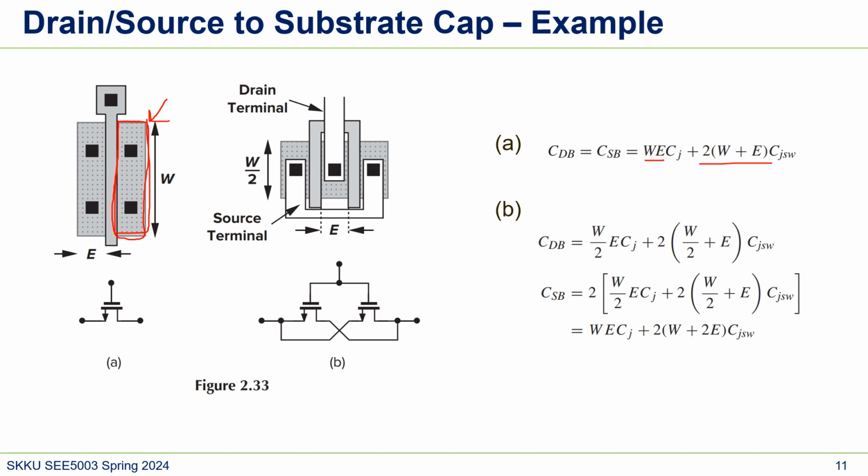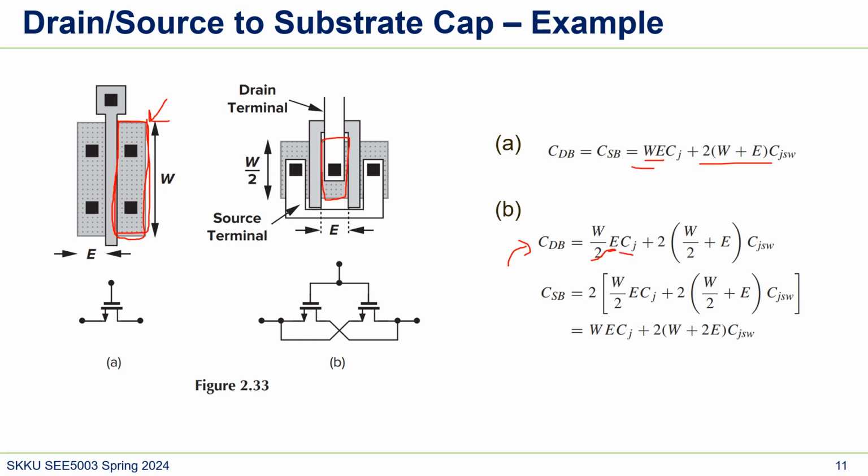And then what about B? They're different. First, CDB. Where's D? D is here, right? D is here. So first, junction capacitance. What's the area? E times W over 2, times CJ.